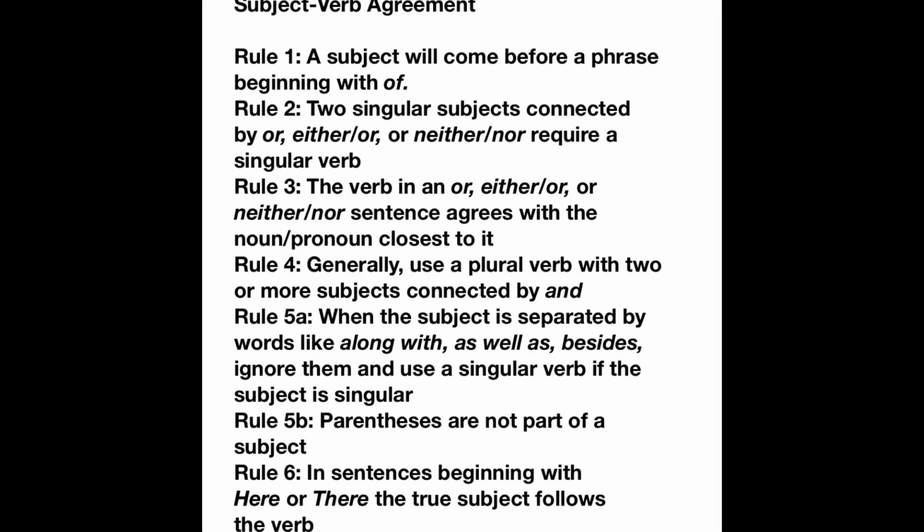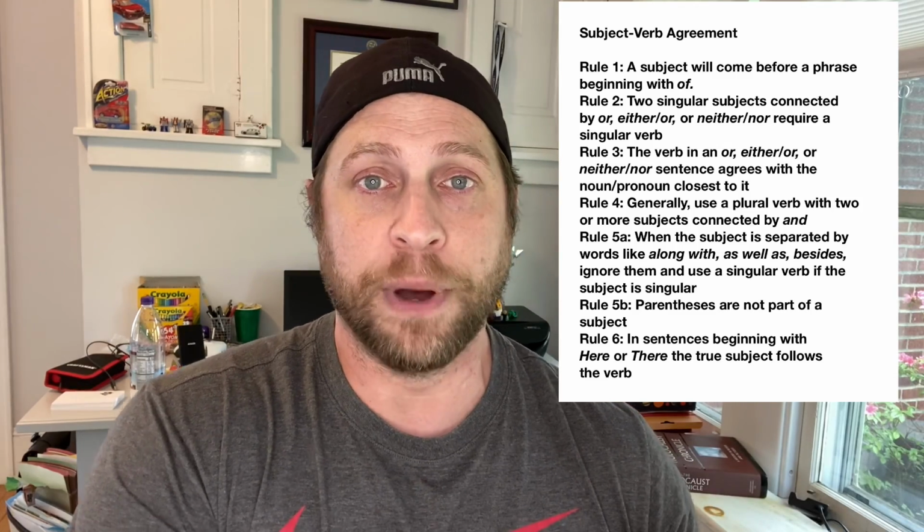So that's going to get us to 6, I believe. If we're starting a sentence with here or there, this is where it gets really difficult for people. The subject isn't going to come until after the verb. Now, typically when we start learning about grammar, we tend to think of the subject as coming first, right? Being in the first part of the sentence. But if we have here or there to start off our sentence, we're going to look for our subject after the verb.